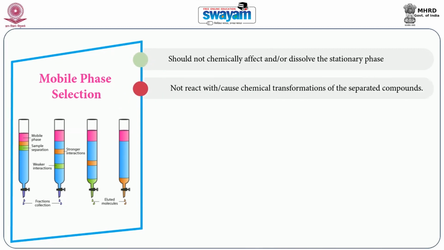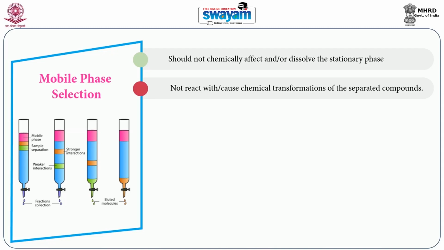It should not react with or cause chemical transformations of the separated compounds. If any chemical transformation is envisaged, as in when we derivatize separated analytes for visualization, that should be done by the development agent uniformly for all the compounds. So the mobile phase itself should not be causing any chemical transformations of the separated compounds.